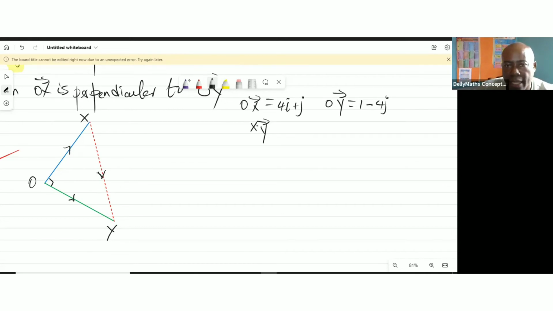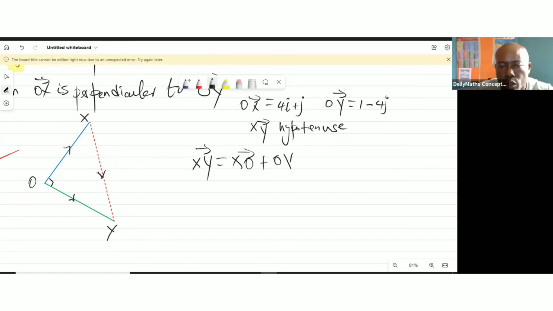If those are at a right angle to each other, then this becomes the hypotenuse. I need to find the components for the hypotenuse, and then we could use Pythagoras' theorem to prove that. Then we put together the magnitudes of the three vectors. If I want to go from X to Y, I could travel from X to O, then from O to Y. So X to O would have been the inverse of OX.